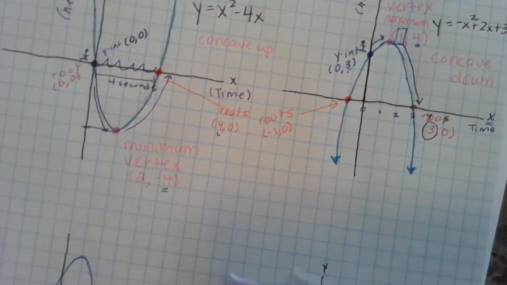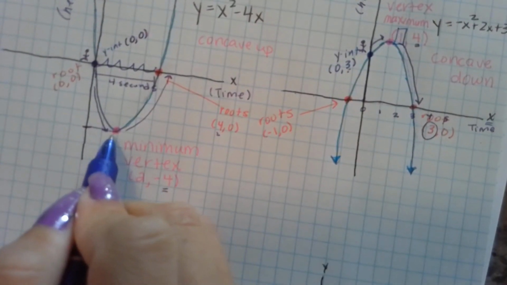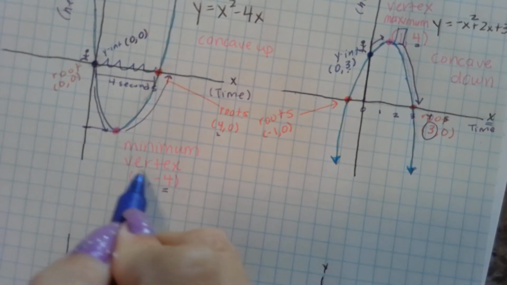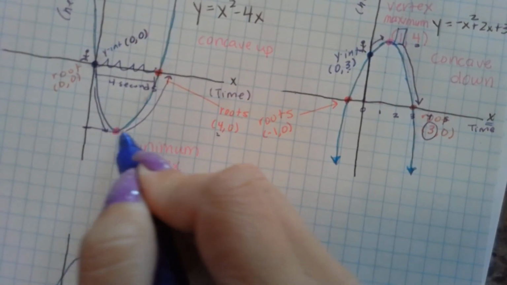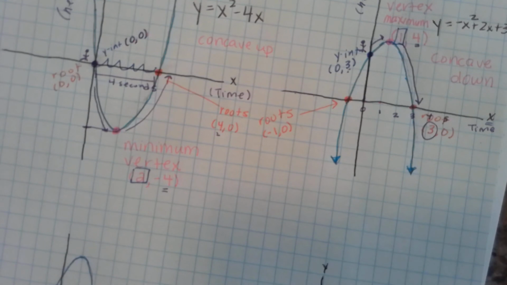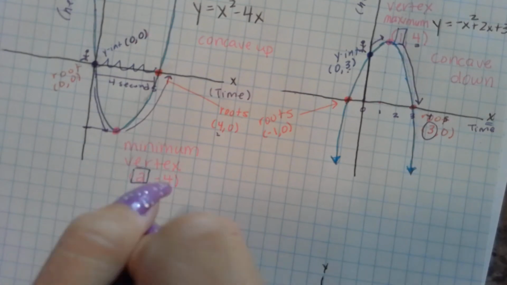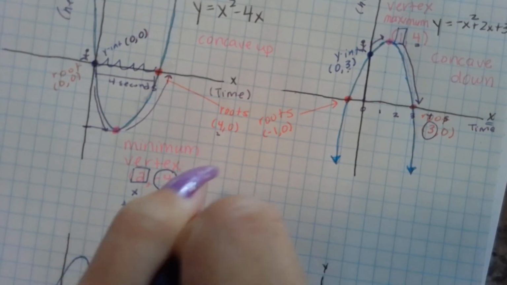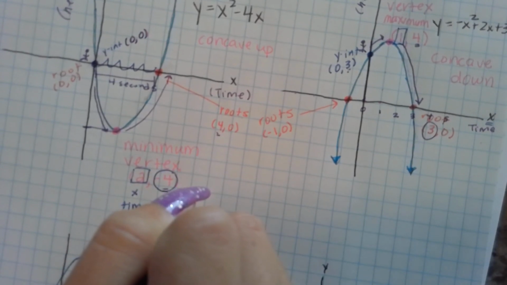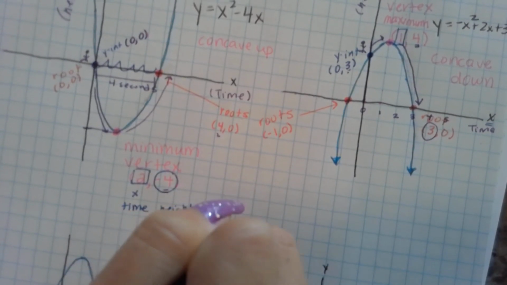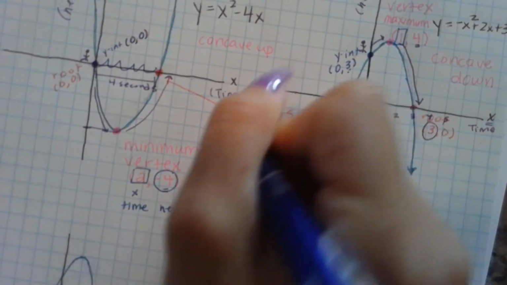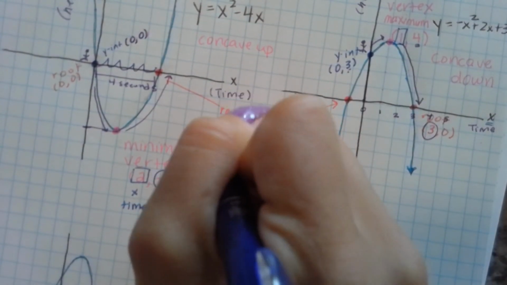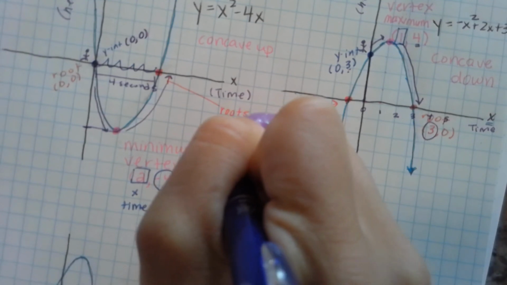And same with this one. You got down to -4 feet in 2 seconds, and then it took you 2 more seconds to get back up. So anything in the x is going to be your time, and anything in your y is going to be your height. Okay? X is your time.